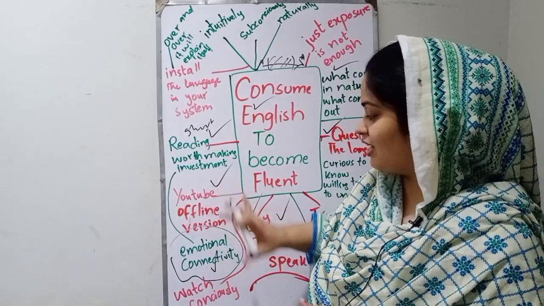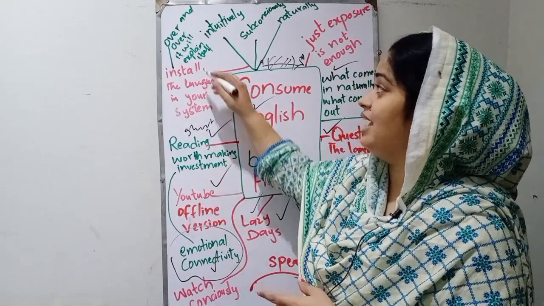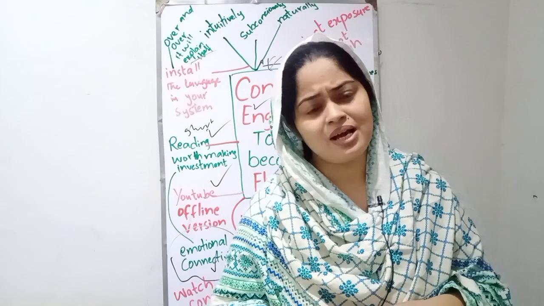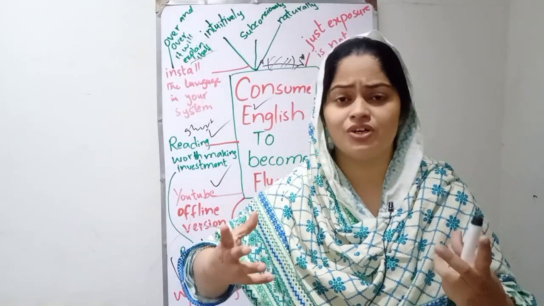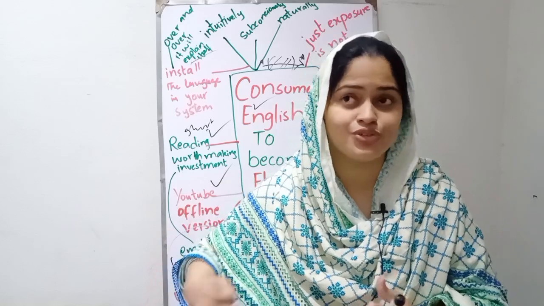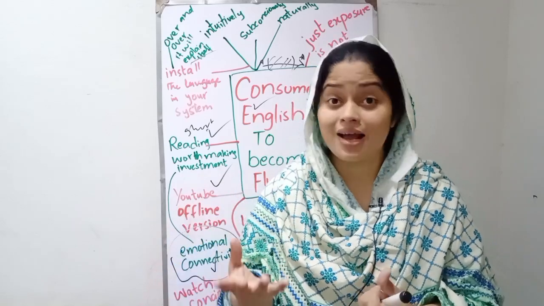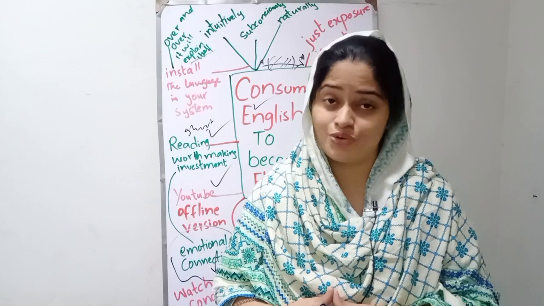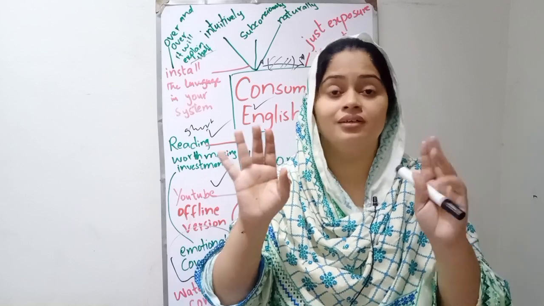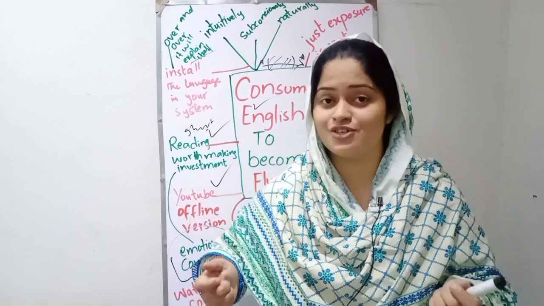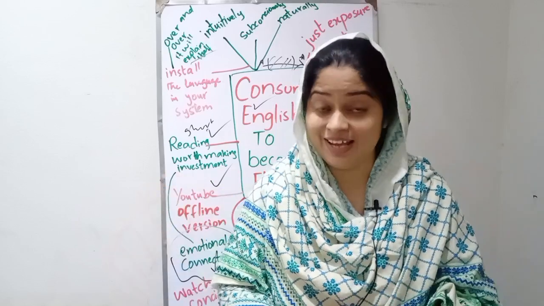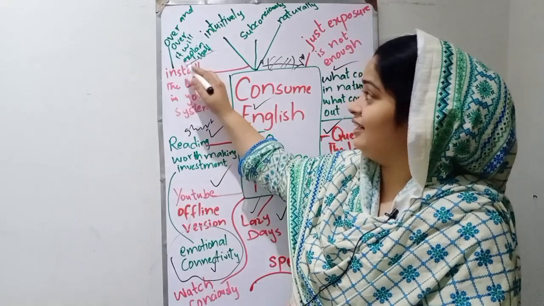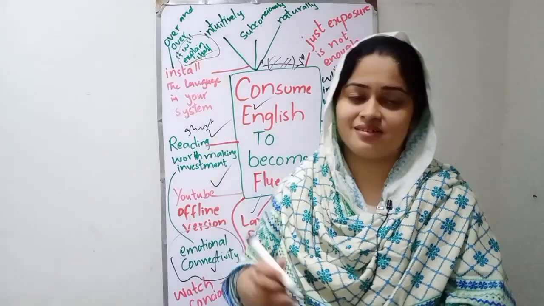So, offline version, emotional connectivity, and sometimes you do not understand a sentence structure. Sometimes words are quite confusing for you, like phrasal verbs or idioms, and some connotations are always confusing. So what is the solution? The solution is to catch them over and over again until they explain themselves.